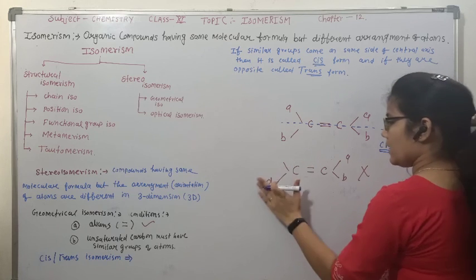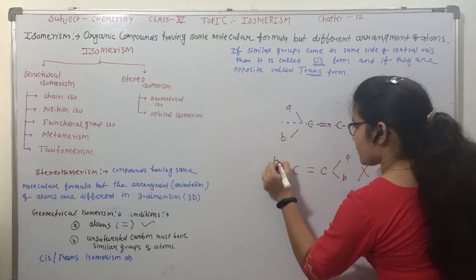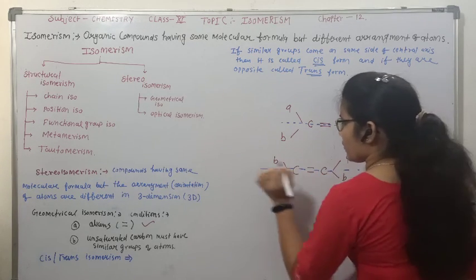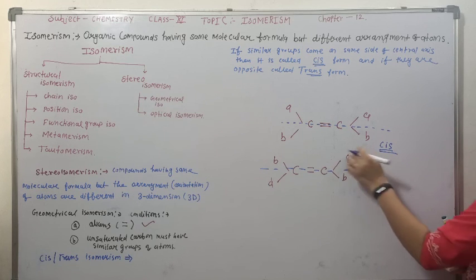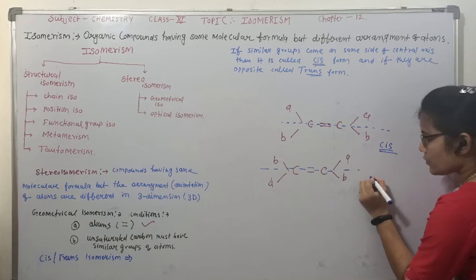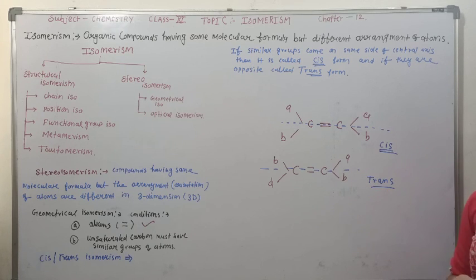If we put a central axis and similar groups are not on the same side, they are opposite, then this form is called trans form, and this is geometrical isomerism.